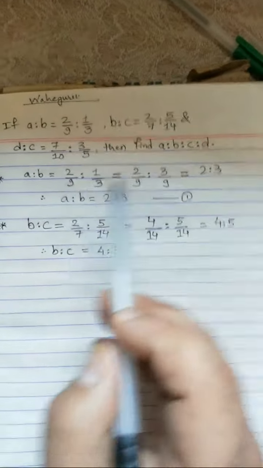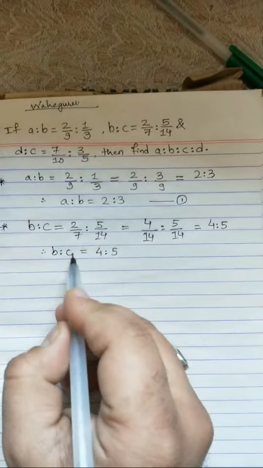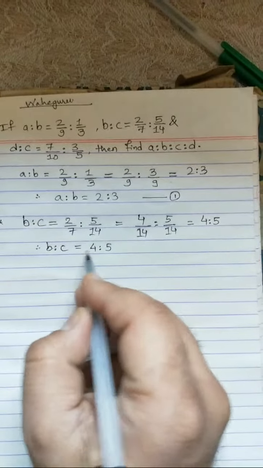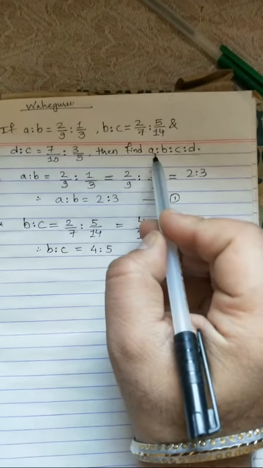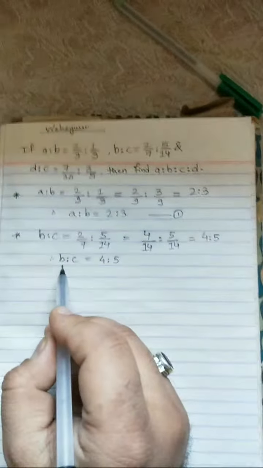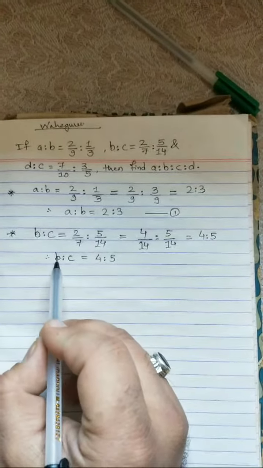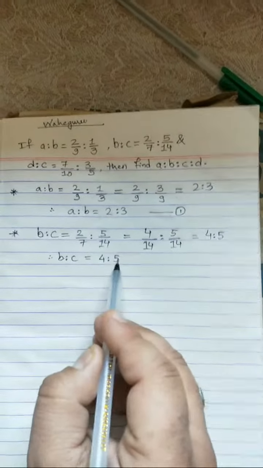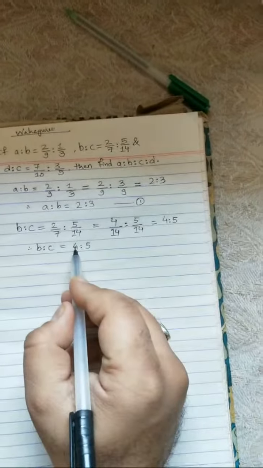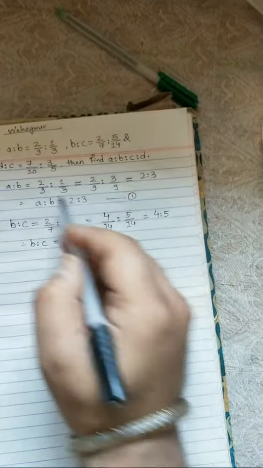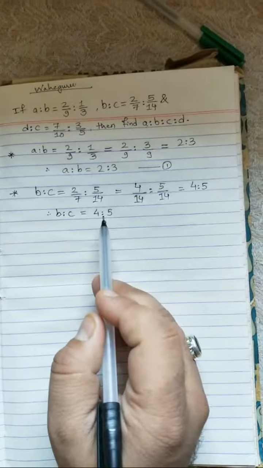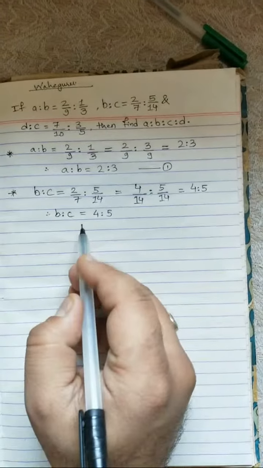But we have to make this B as 3, because ultimately we have to relate all four. By finding A is to B, that is 2 is to 3. Now B is to C is equal to 4 is to 5. But we have to make a connection between these two. Here B is as good as 3, but here B is as good as 4. That is not acceptable.